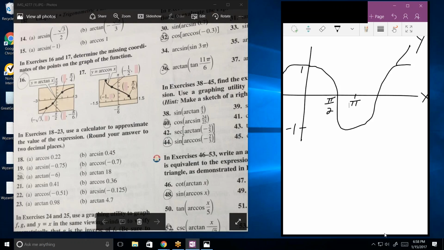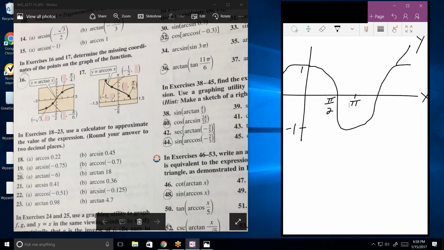So on this inverse curve, the far left point where the x-coordinate is -1, what is the y-coordinate? -1? No. Let's go back again. The cosine of what angle is equal to -1? Pi. Okay, so what is the inverse cosine of -1 equal to? Pi.